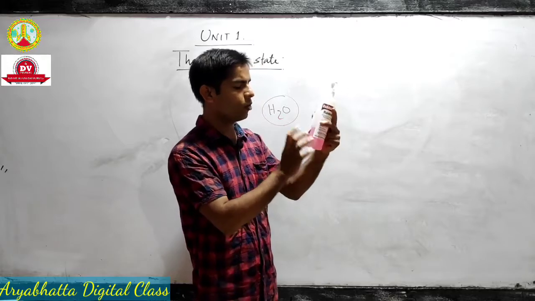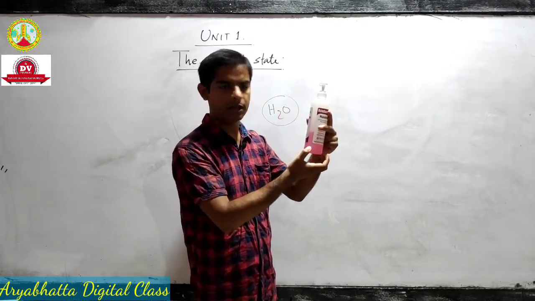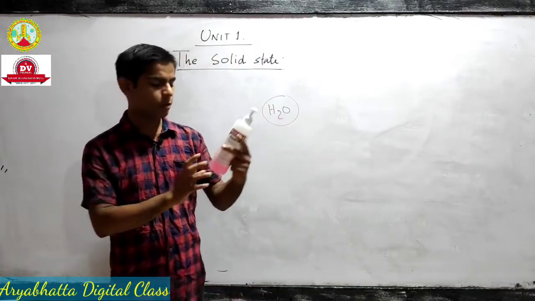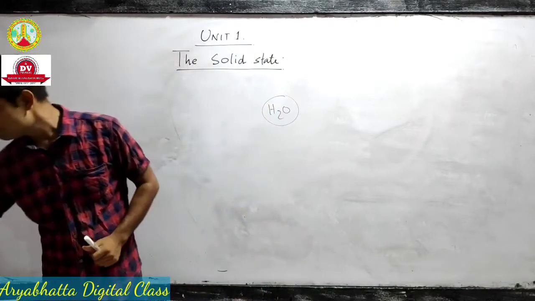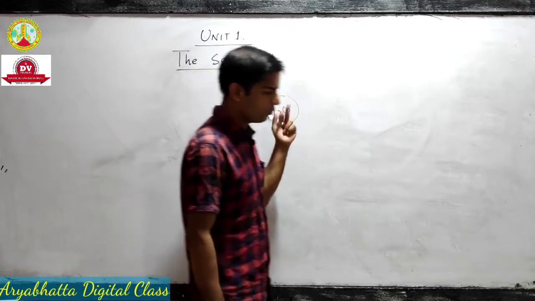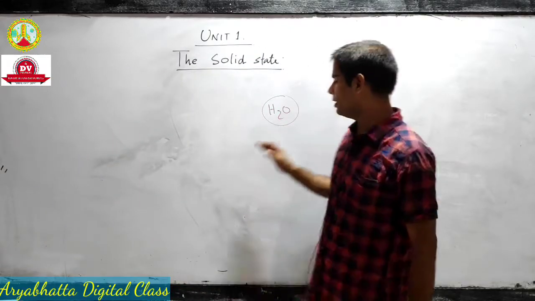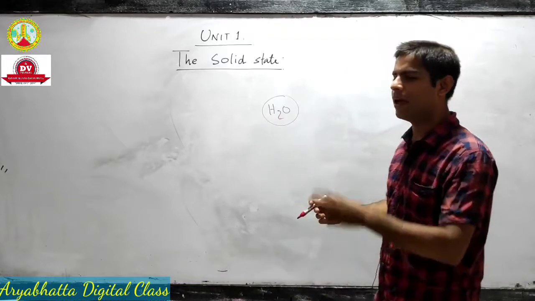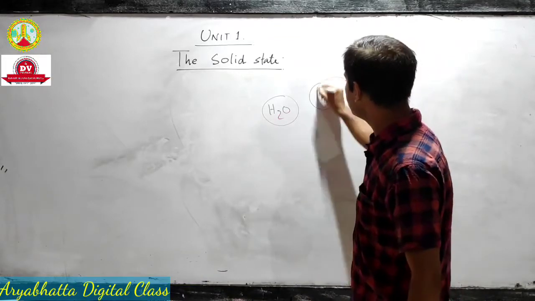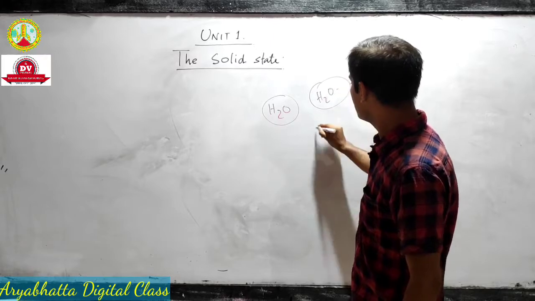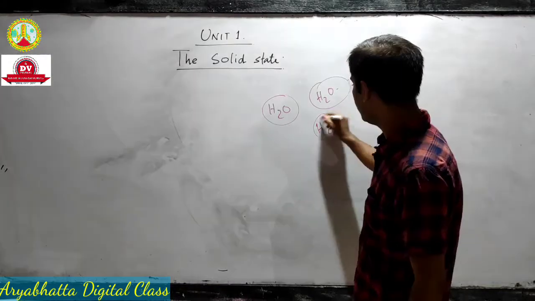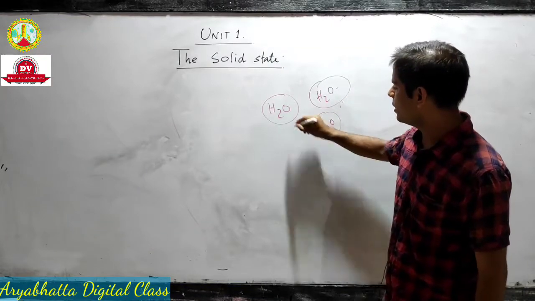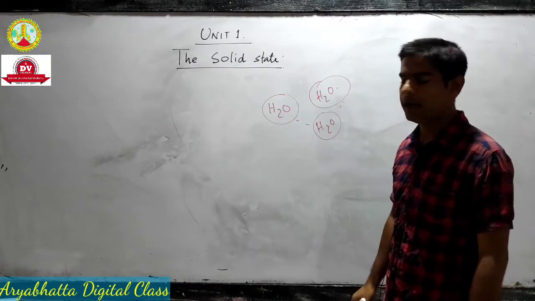We don't have one molecule of isopropyl alcohol here, we have millions of isopropyl molecules in the solution. So we have different molecules, and these molecules interact with each other. If I have a glass of water, then I have billions of H2O molecules, and these molecules interact with each other in a peculiar manner.